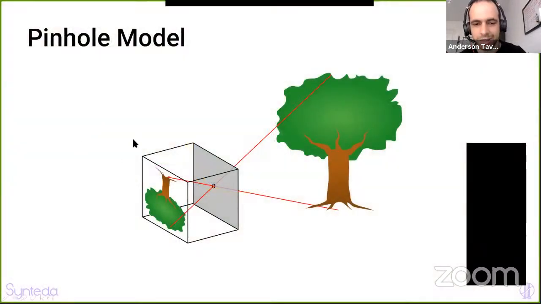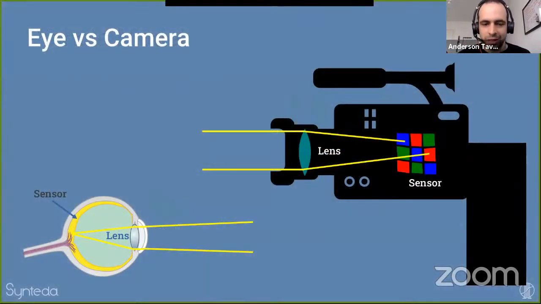And also the mathematical principle behind this projection from the 3D world to the 2D world is the pinhole model. We will talk about this a little bit later. But it's nice to see the difference between the eyes and the cameras.